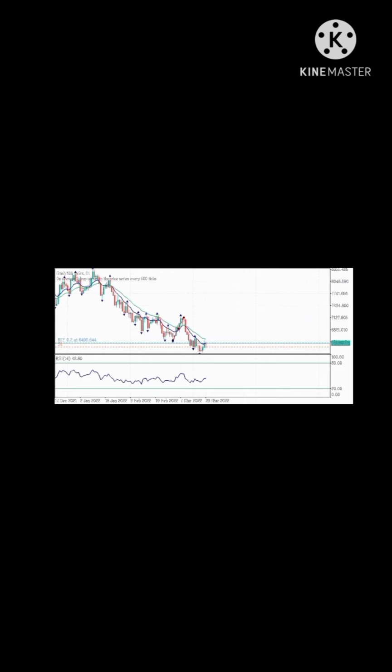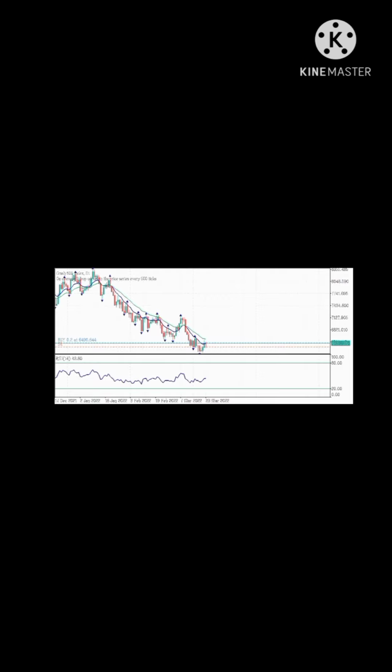In a downtrend, downward movement is impulsive, and upward movement is retracement. In an uptrend, upward movement is impulsive movement, and downward movement is retracement movement.